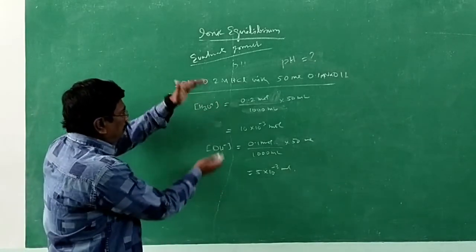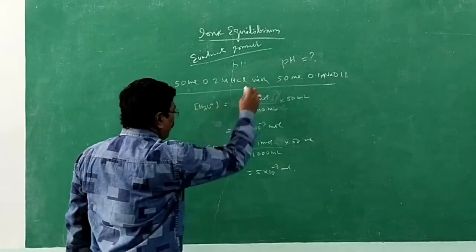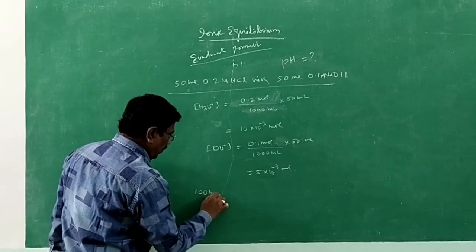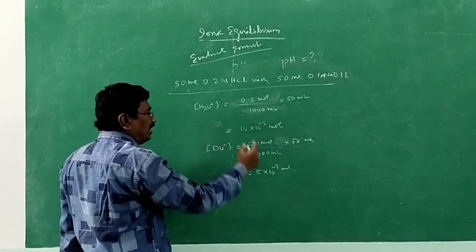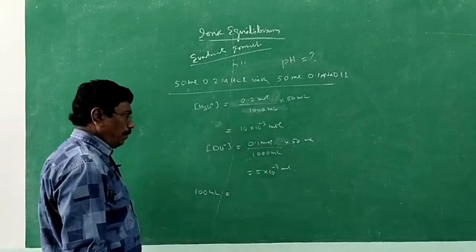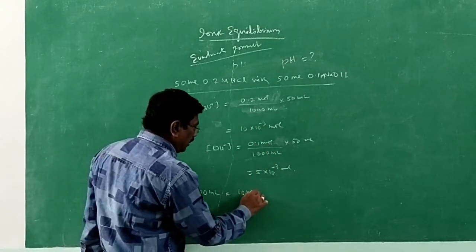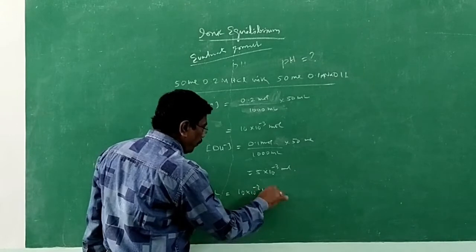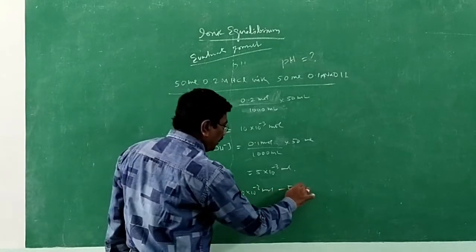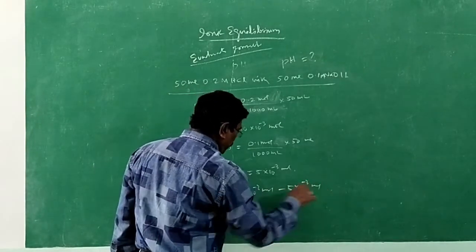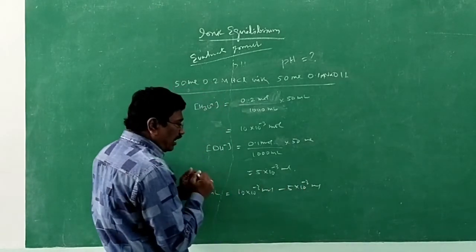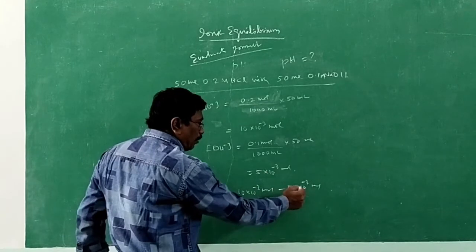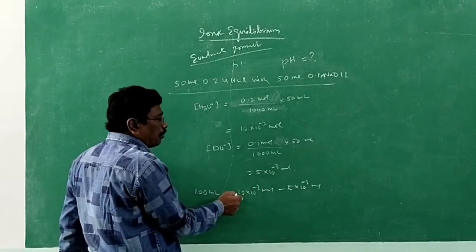When these two are mixed, total volume will become 100 ml. In 100 ml, we will be having this much excess of hydrogen ion and this much of hydroxide ion. So 10 into 10 power minus 3 mole minus 5 into 10 power minus 3 mole. This is hydrogen ion, this is hydroxide ion. Neutralization, only this much will be neutralized. How much will get neutralized? 5 into 10 power minus 3 mole can neutralize 5 into 10 power minus 3. What is the remaining?